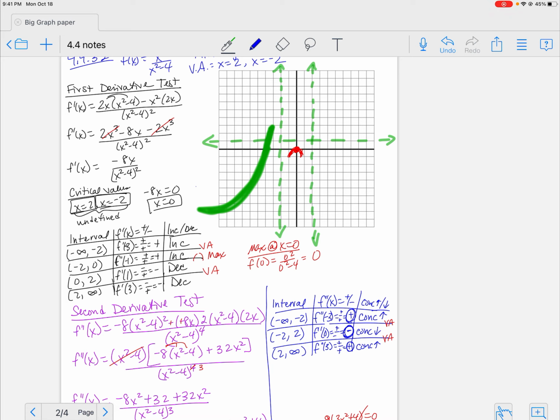No, it's going to run right into that asymptote. That's not going to work. The only possible way I can have this concave up and increasing is if my graph is up here in this part. That's why it's so important. It's concave up. It is increasing. It has to go there. That's the only place for it.